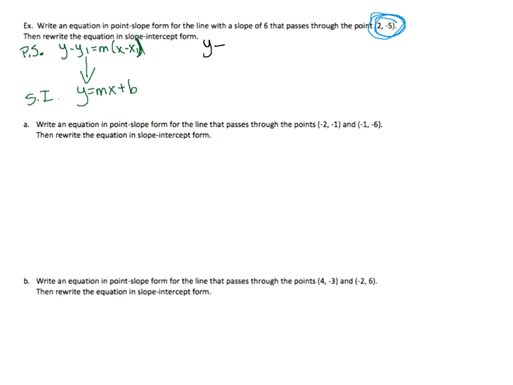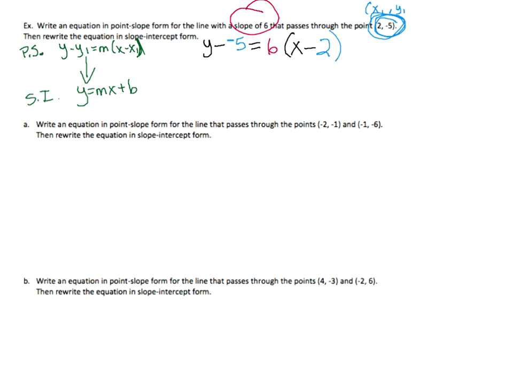So this is the point x1, y1. y1 is -5. And that equals my slope, okay, so my slope is given right here, slope of 6, times x minus x sub 1 is 2.